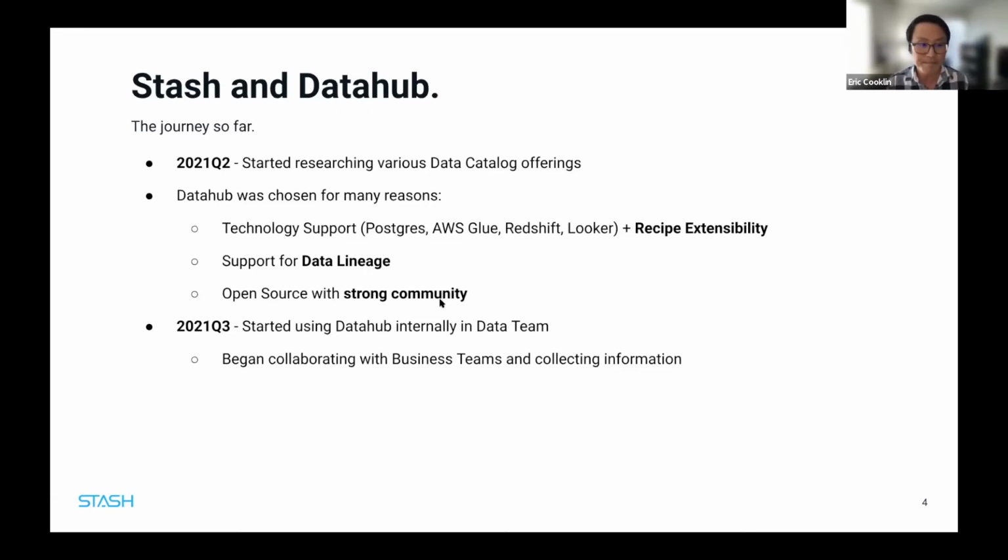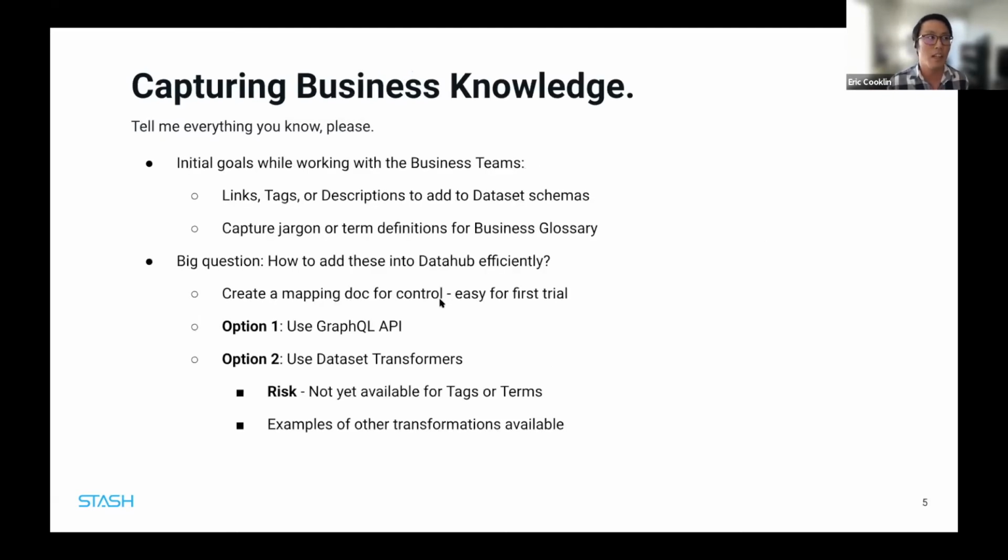In Q3, we started using this tool internally and started onboarding some of our business teams on it, trying to capture their knowledge, capture what they know, working with their SMEs and analysts. We identified low-hanging fruit to add to DataHub to make sure that the user experience out of the box was going to be really strong.